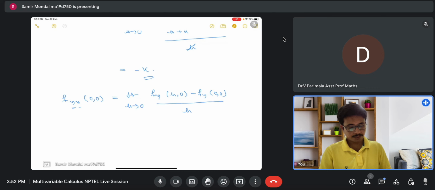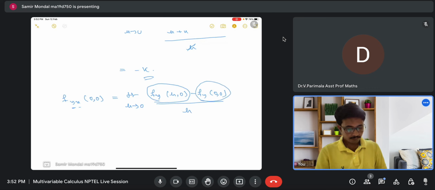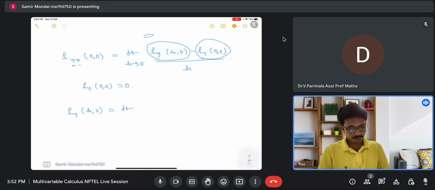Again you have to find these two quantities. You can check easily, this one is 0, and for this one you have to find the limit k tends to 0 of f(h,k) minus f(h,0), divided by k.